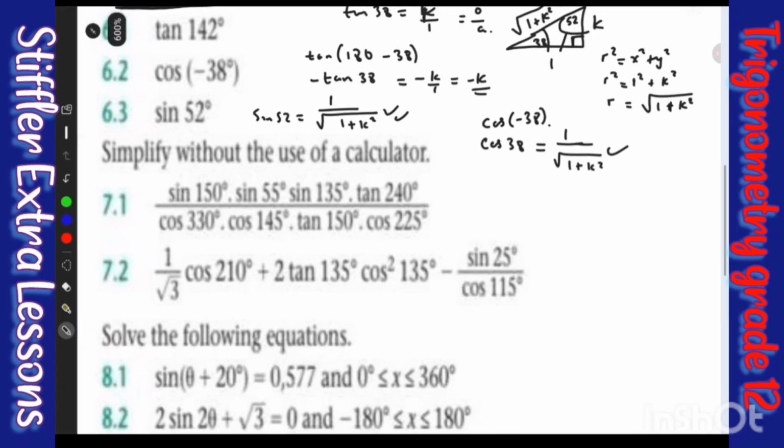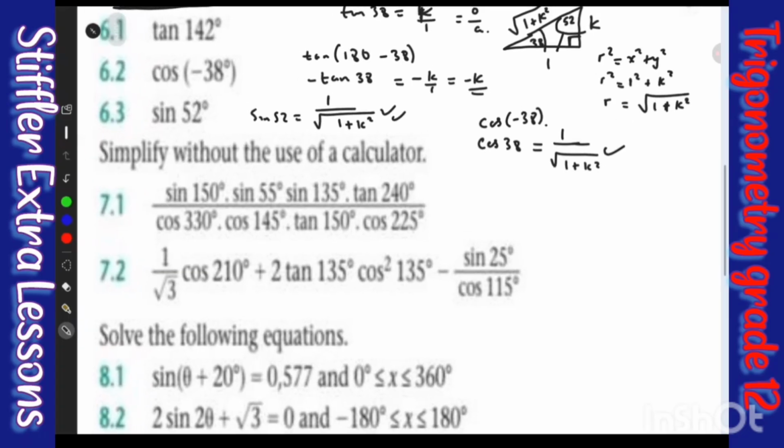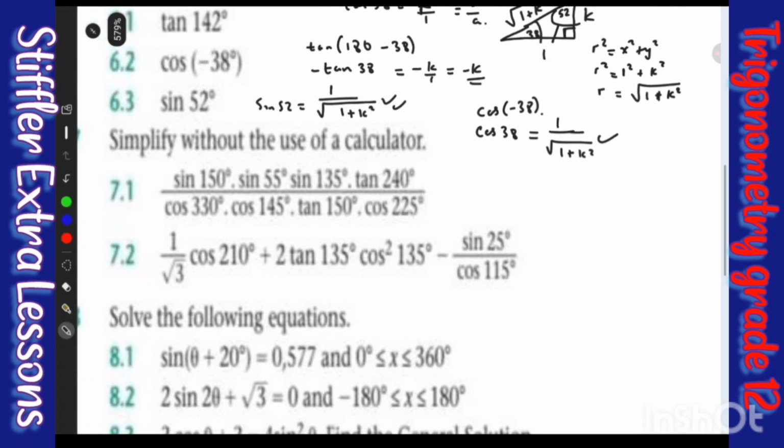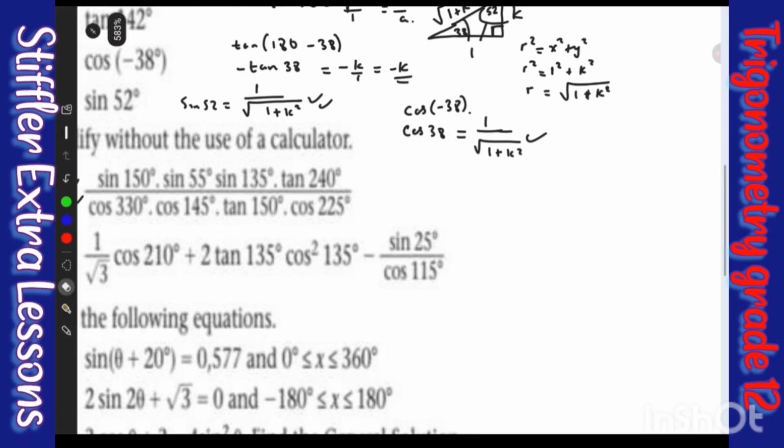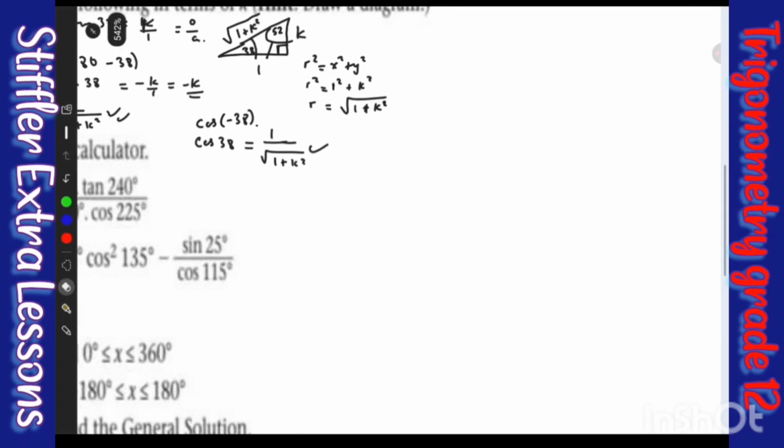So maybe let me also solve this one with the angles. I think when they give you this type of question in the exam, it is worth more, like 7 or 8 marks, depending on what has to be done. So let's just do it. 7.1.